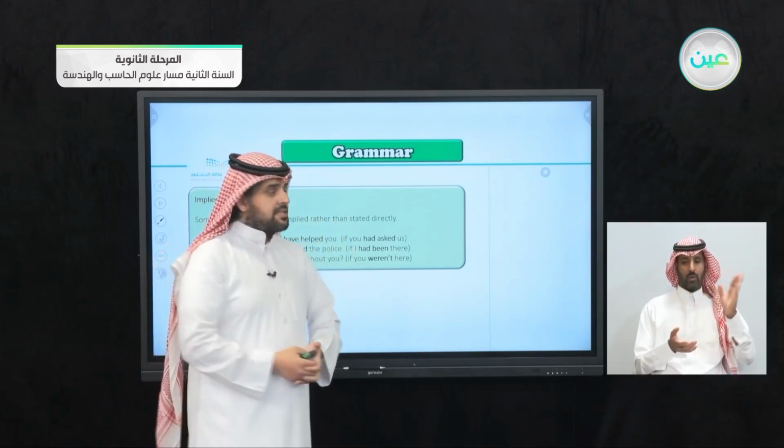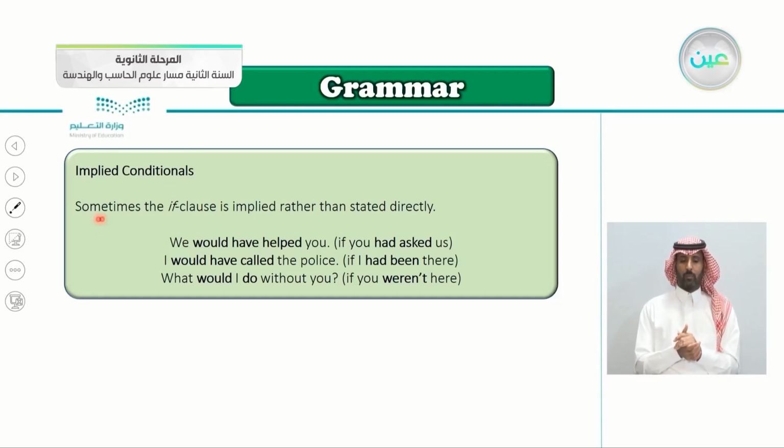Let's take some examples now. Sometimes the if clause is implied rather than stated directly. You don't have to say it. For example, we would have helped you. What's the if clause here? If you had asked us. They don't say it.